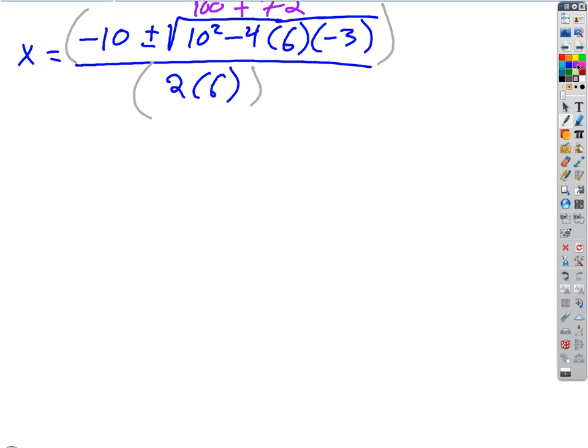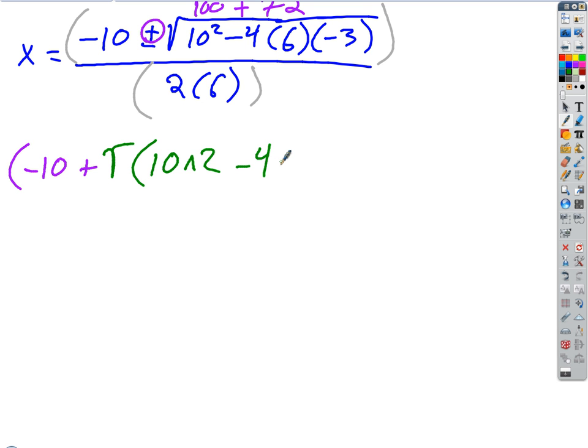So we'll do something like open a set of parentheses for the numerator, times -10, or -10, we'll do plus, minus, we just changed that to a minus, plus square root. And what it's going to do on those calculators, when you hit the square root button, it opens a set of parentheses for everything you want to be inside the square root. So inside the square root, I would just have 10 squared, right?